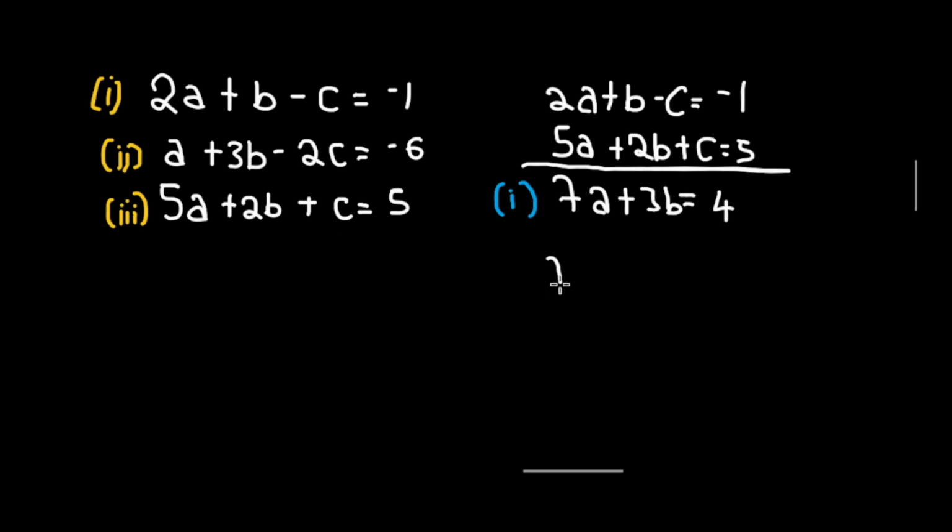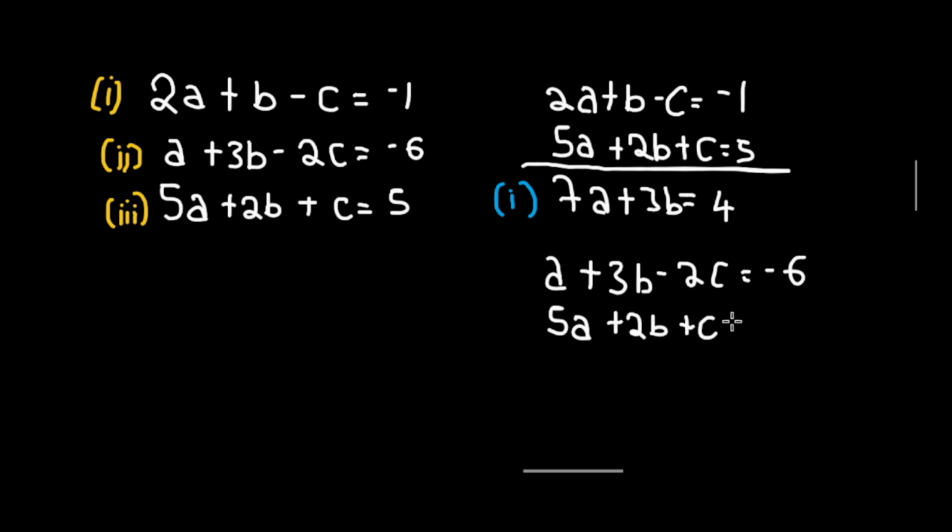So I can have my equation 2 here: a plus 3b minus 2c is equal to -6. And then here I can have my 5a plus 2b plus c is equal to 5.